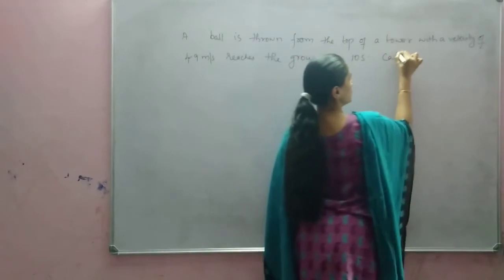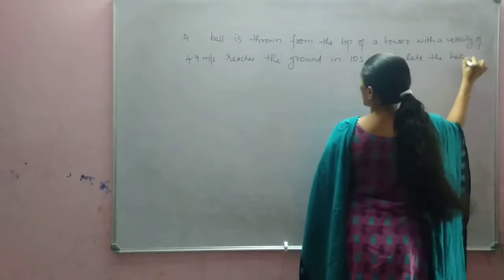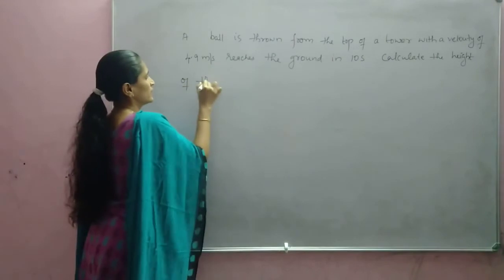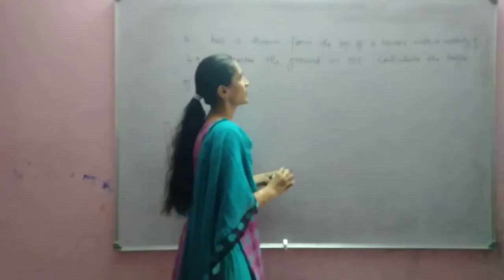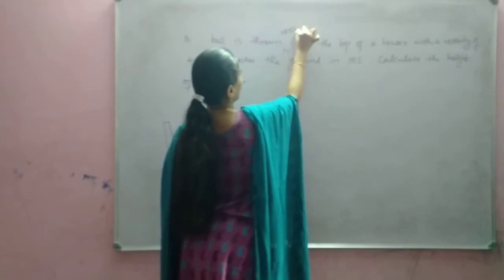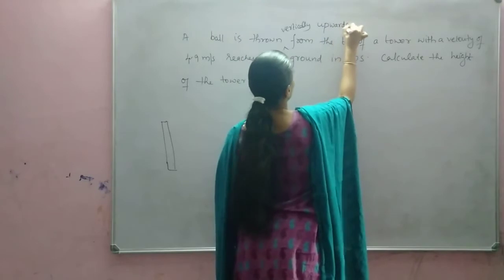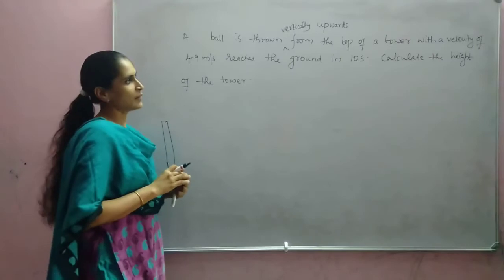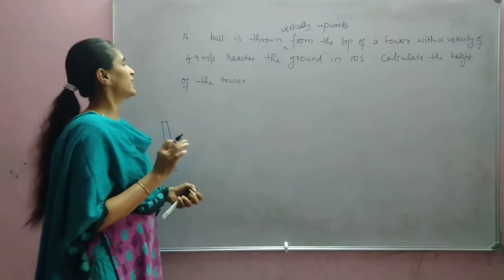Calculate the height of the tower. So here a ball is thrown vertically upwards from the top of a tower with a velocity of 4.9 meter per second, and it reaches the ground in 10 seconds. Calculate the height of the tower.